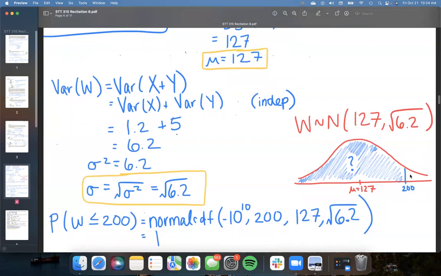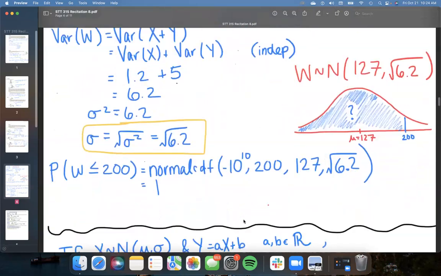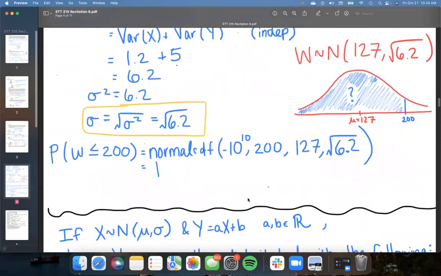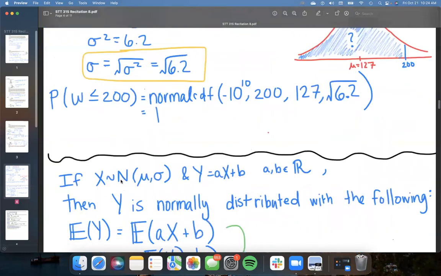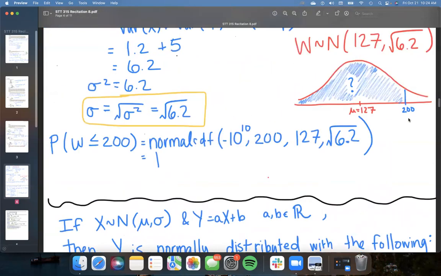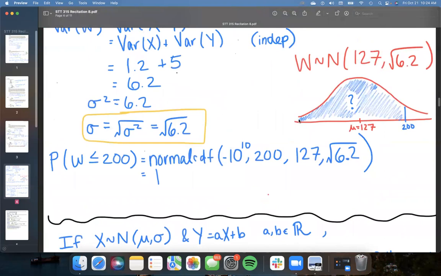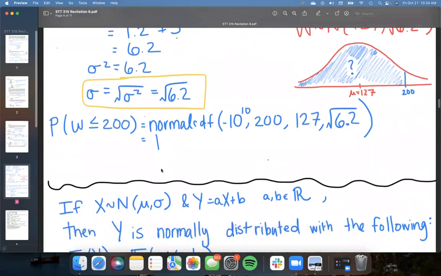So that's what you should get. This picture isn't completely drawn to scale because 200 would be even further out, where the area under the curve past 200 is negligible, because my calculator gave me 1.